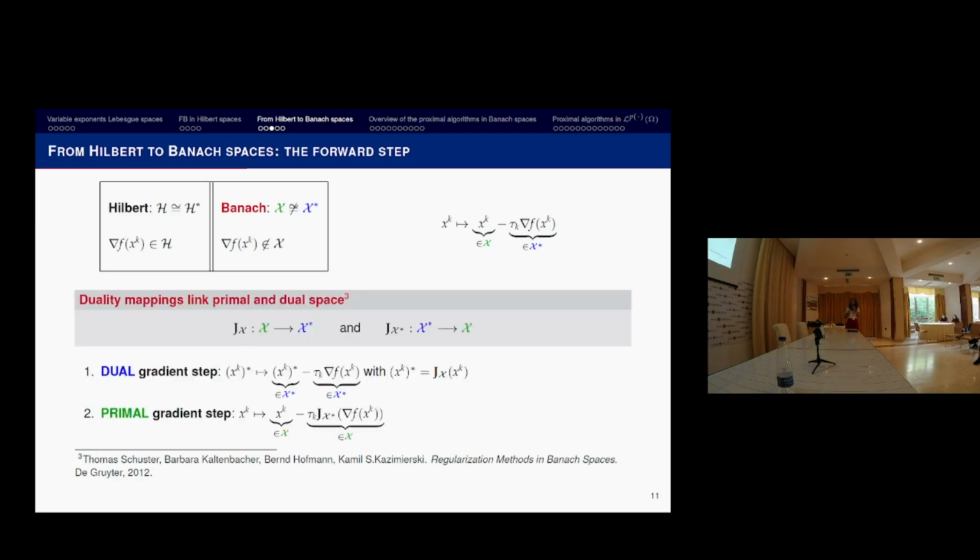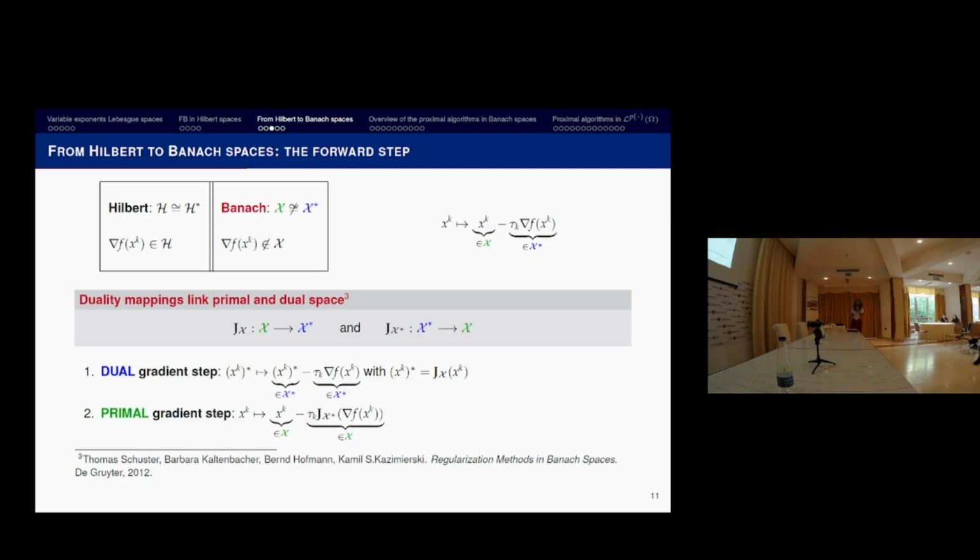And the solution is the duality mappings, which are defined in the next slide, and basically link the primal and the dual space. So we have a map from x to x star and a map from x star to x. And we can compute the gradient step in two different ways.